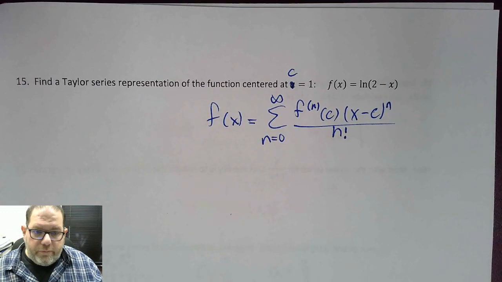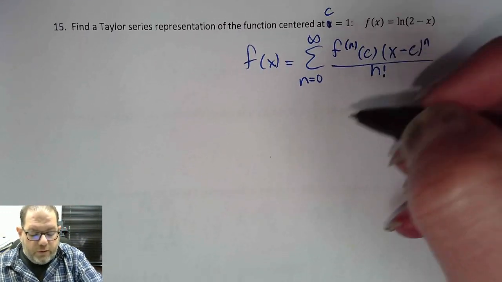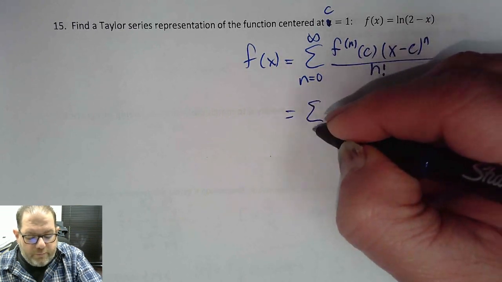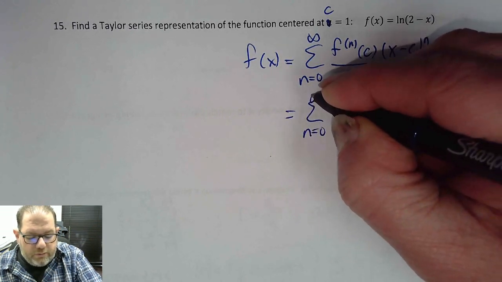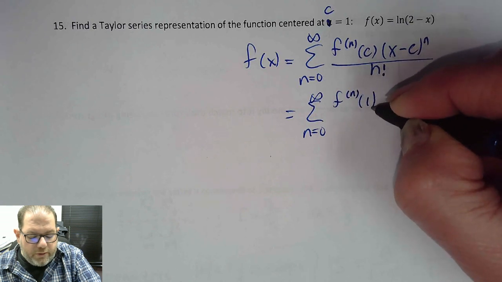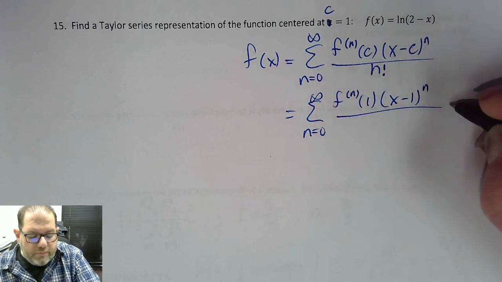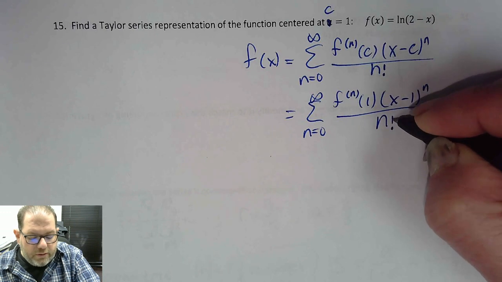Now, we know c is 1, so we're going to have the sum n equals 0 to infinity of the nth derivative evaluated at 1 times (x minus 1) to the n over n factorial.